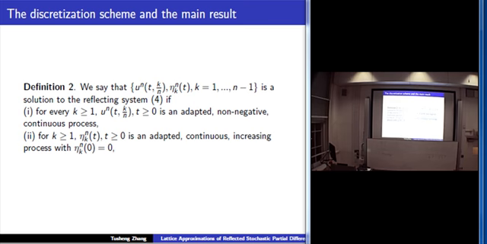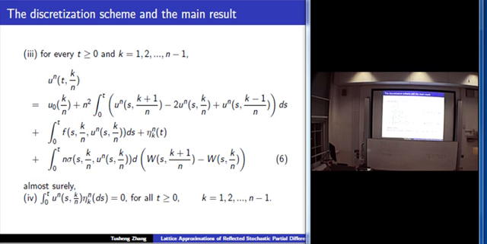And of course this solution satisfies this system for each k, where k is from 1 to n minus 1. And this is a property satisfied by the local time: it increases only when the solution hits the boundary 0. So this is the local time for the kth component of this vector-valued solution of this SPDE. This is just the standard definition.